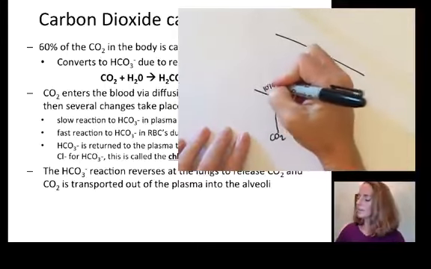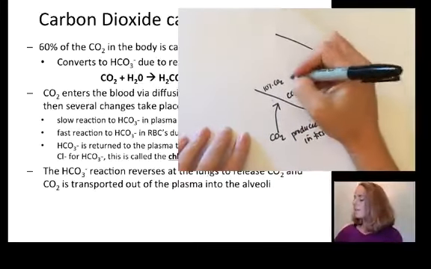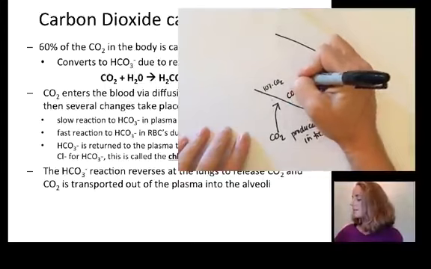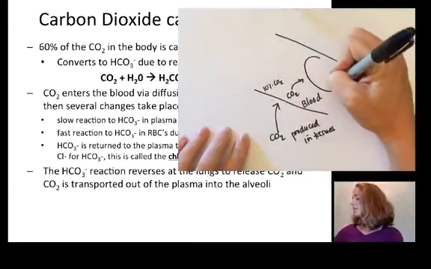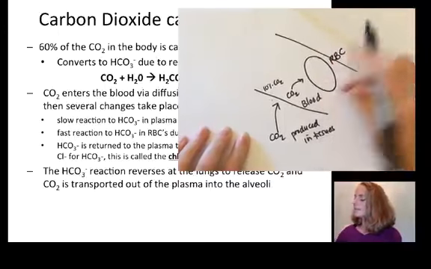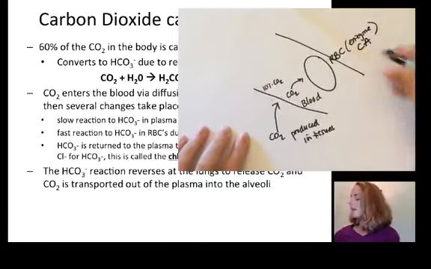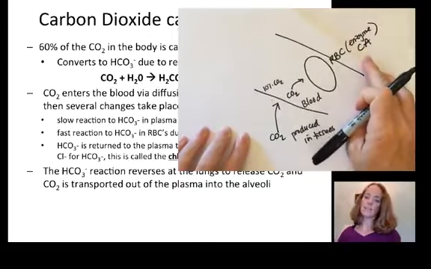About 10% will remain as CO2. The other 60% is going to enter a red blood cell. And inside the red blood cell is the enzyme, which I'm going to abbreviate CA, carbonic anhydrase.